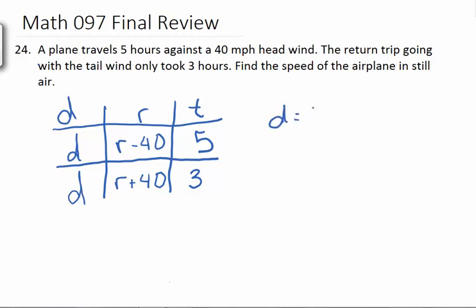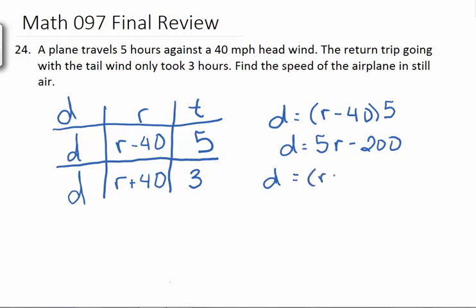So my equations here, distance is equal to rate times time. If I simplify this, I get 5R minus 200. The second equation would be distance is equal to rate times time. And if I simplify this one, 3R plus 120.